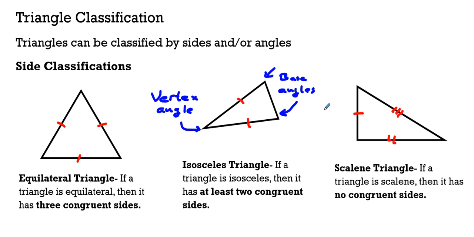It does not communicate any level of ratio between the sides. It's just three different side lengths. But either no marks at all or three different marks will communicate scalene. So those are the three ways you can classify triangles by their sides, which are equilateral, isosceles, and scalene.